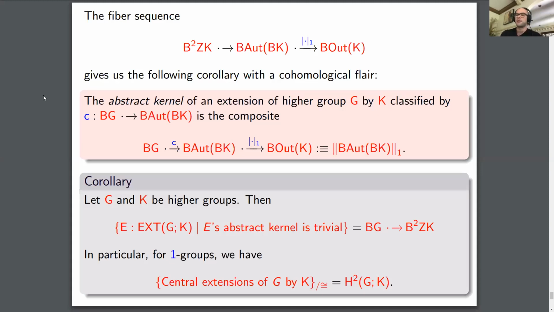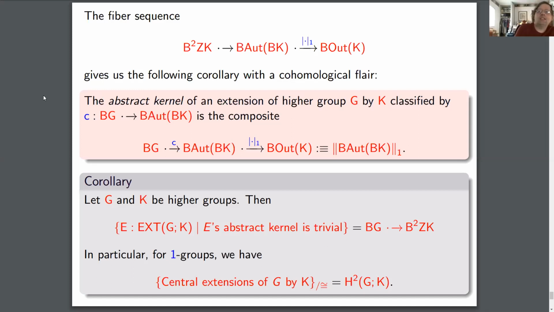You also have the extensions by ZK, whose abstract kernel vanishes, which are classified by B2 Z2K, where Z2K is the center of the center. And then you also would have things classified by B2K if K was already braided. And these are all different in general. So the answer is it's extremely complicated, and I don't have a good story. But thank you for asking this question. Okay, thanks.